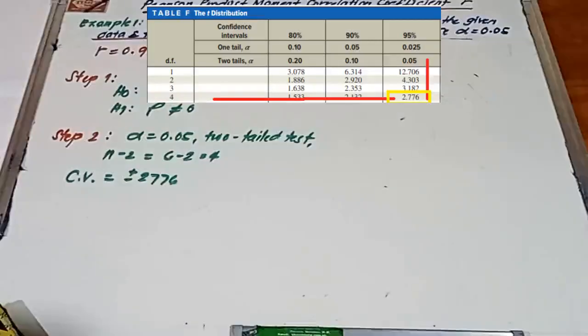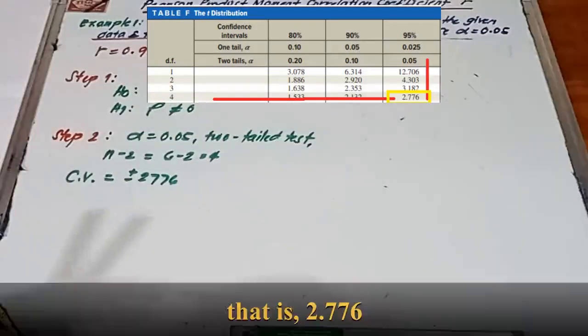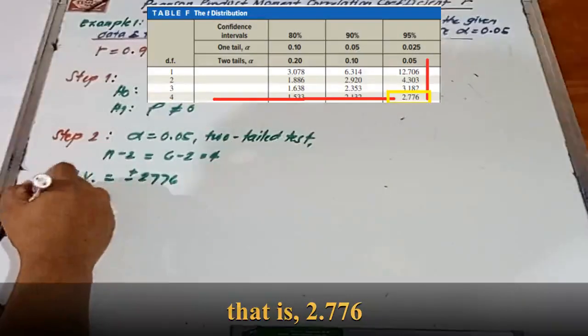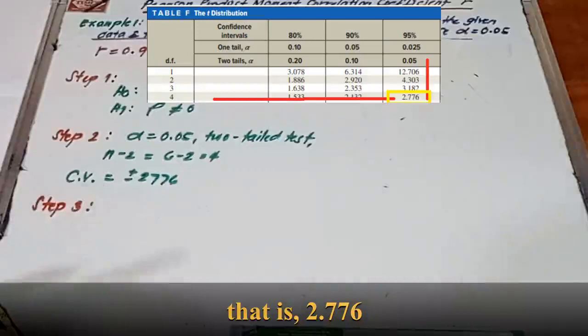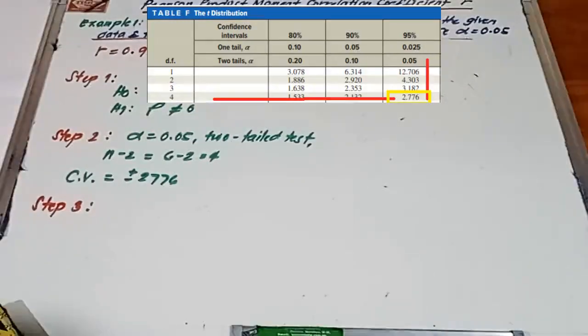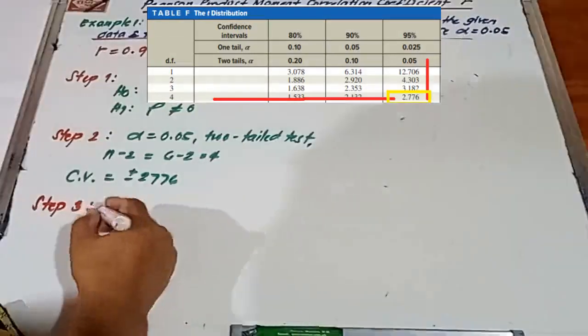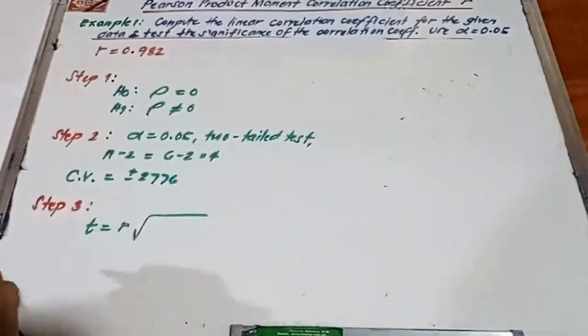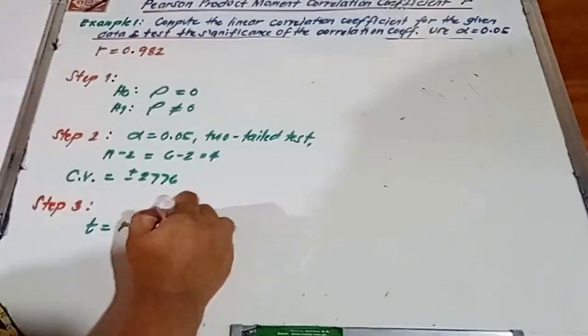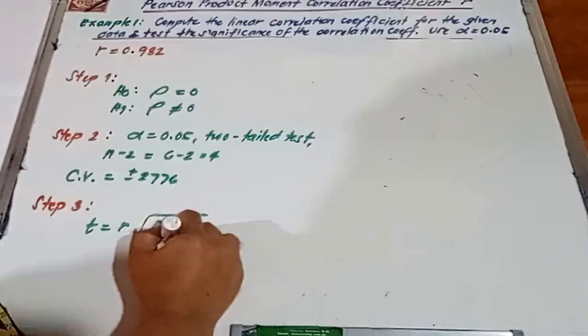Okay. And then, for step number 3, we're going to compute for our test value. Okay. Paano natin makakompute yung test value? Gamit, of course, yung ating formula na t equal to r square root of n minus 2 over 1 minus r squared.